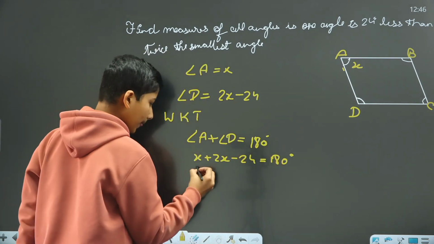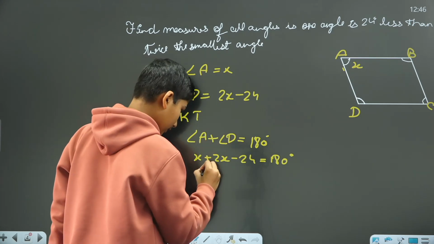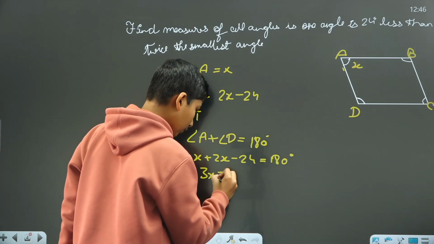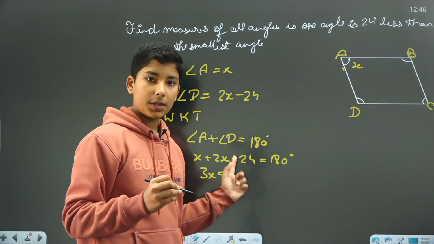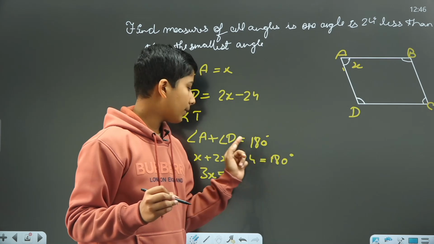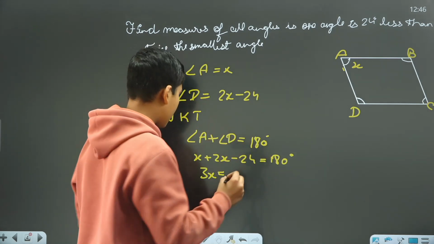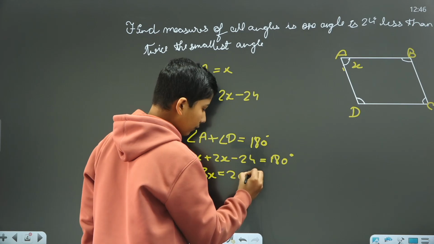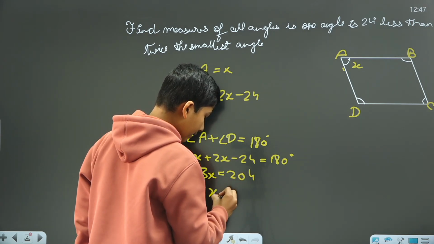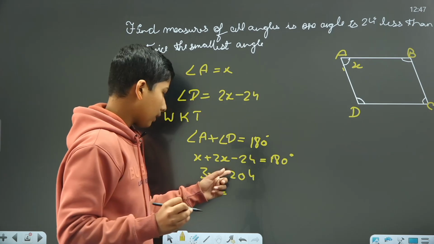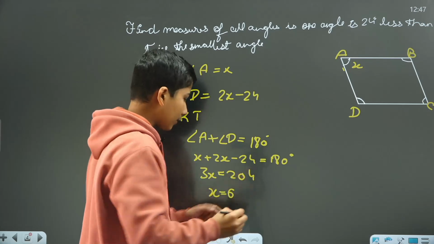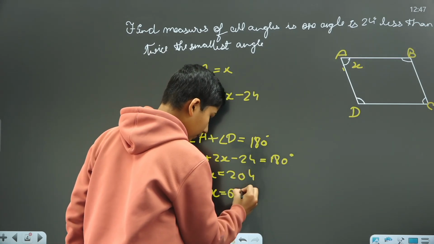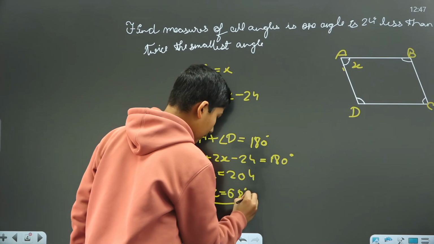Okay, now x plus 2x is 3x. 3x equal to 180 plus 24, because here it is minus, it will go to the other side and become plus, so it will be 204. So x equal to 68 degrees.